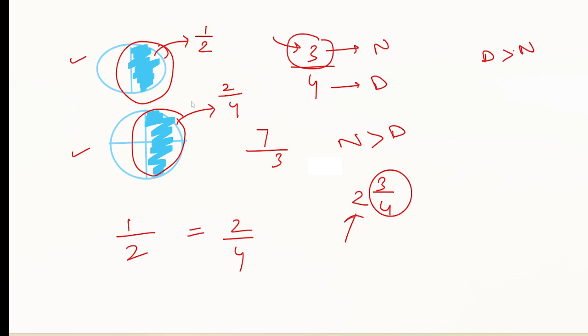So these are called equivalent fractions, 1/2 and 2/4, which represent the same region, but the numerator and denominator seem different. But if you simplify, simplifying means, for example, if you have 2/4, if you divide both of them by 2, because they both come in the 2 times table, you will get 1 over 2.